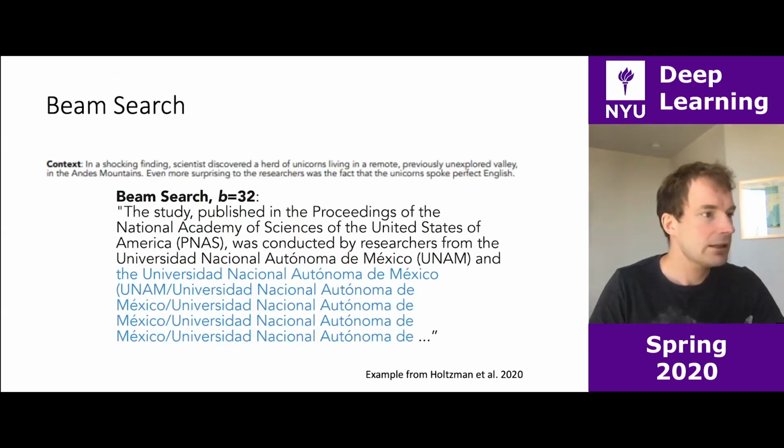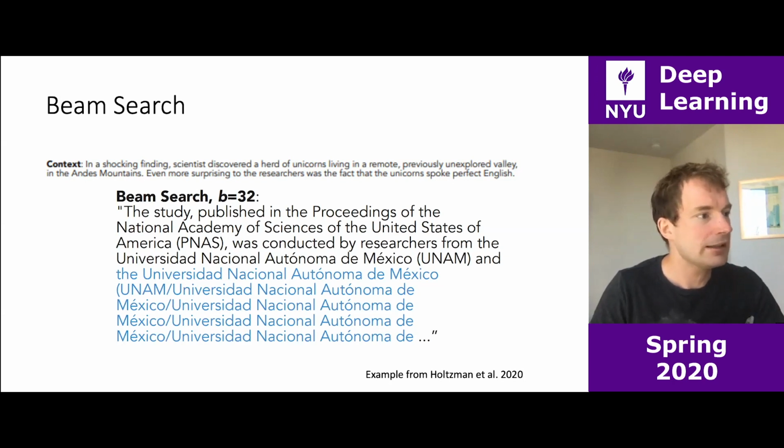All right, so beam search is sometimes the right thing to do, but often it actually isn't. This is a result of applying beam search to the example I showed you before, the example from GPT-2 about scientists finding unicorns in the Andes.